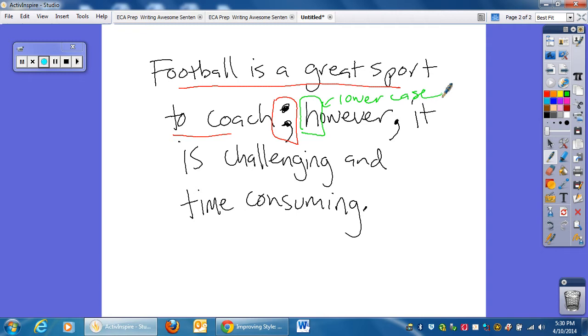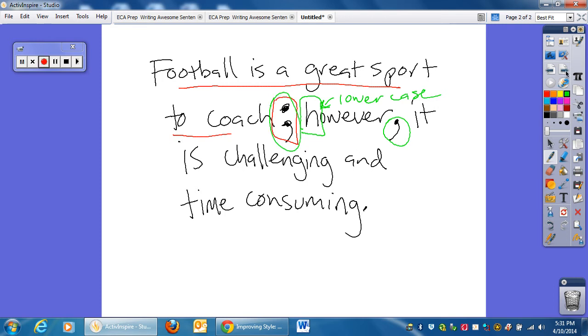The semicolon isn't as powerful as a period separating two sentences, which is why we don't put the uppercase there. So, football is a great sport to coach, semicolon, however, comma, and it's our transitional phrase, however, it is challenging and time-consuming. On both sides, we have complete sentences. The difference is that they're directly related, and that's why instead of using a period at this point, we're using a semicolon. So that's how you use a semicolon.